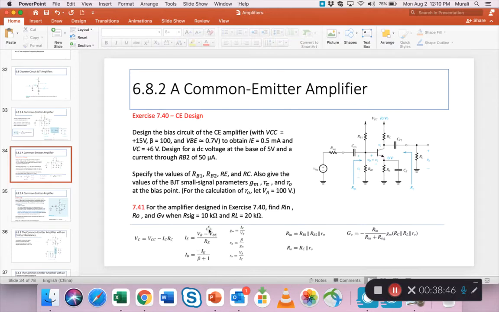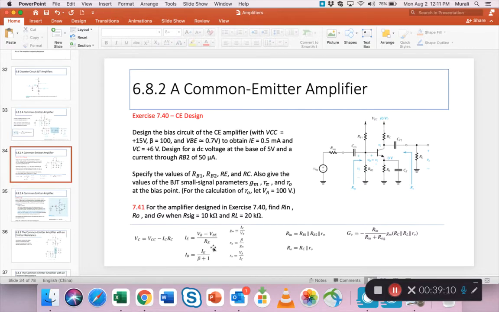So here are all the formulas we are going to use. These are to find gm, r pi, ro. You can find either IC or RC using this collector circuit. On the emitter side, you can use these formulas, also derived from a KVL.